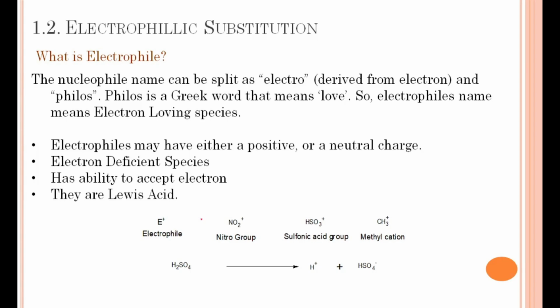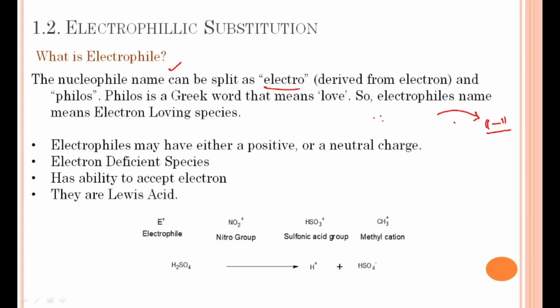Now the electrophilic substitution reaction. What is an electrophile? Similarly, it is an electron-loving group. Electrons are negatively charged, so any group or compound having an affinity towards negative charge is called an electrophile. Affinity towards electrons: electrophile.